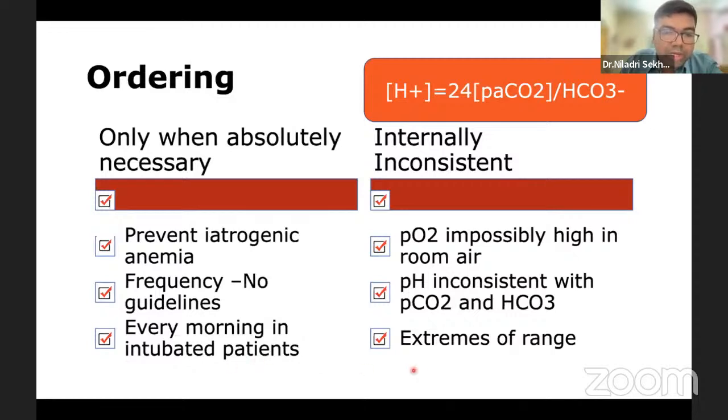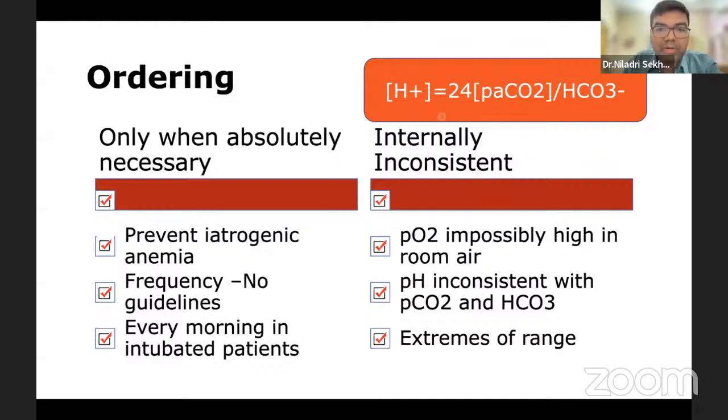That doesn't mean you routinely do blood gas in all patients. If you suspect some problem, or anytime you change ventilator settings, you will repeat the blood gas. The importance of this is that there can be iatrogenic anemia because of excessive blood sampling, especially in infants and neonates. That can be avoided by not repeating routine blood gases. If the patient is stable, you don't need to repeat a blood gas.